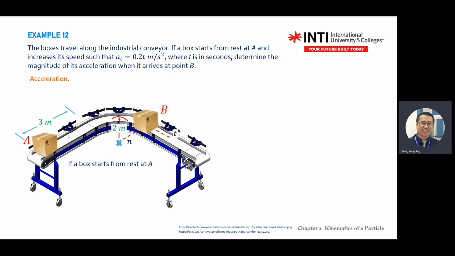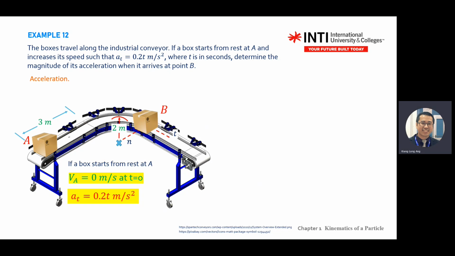V equals something, S equals something, V squared equals something. Which one do you use? Then, if you want to use that one, but why do you use second? You can use second, but you are making yourself more work to do.